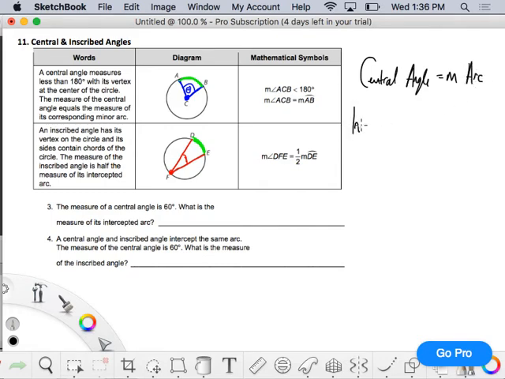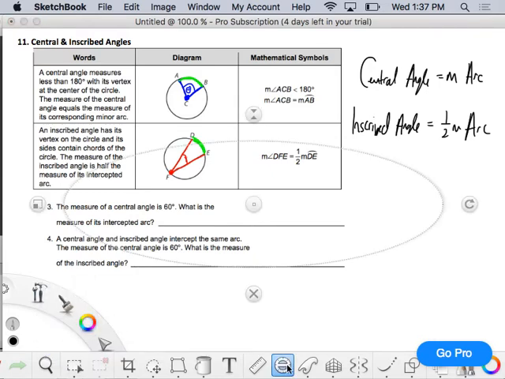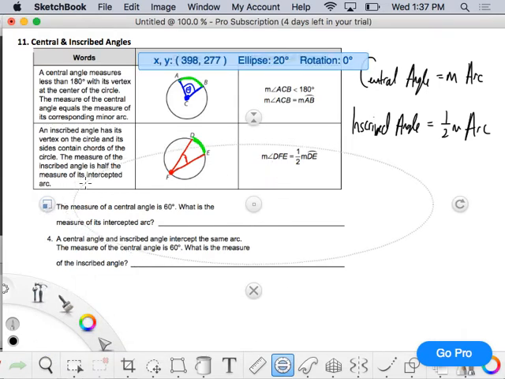An inscribed angle, on the other hand, is equal to 1/2 the measurement of the arc. So the central angle here is equal to the arc. The inscribed angle is 1/2 of the arc. In order to demonstrate this, let me show you something.